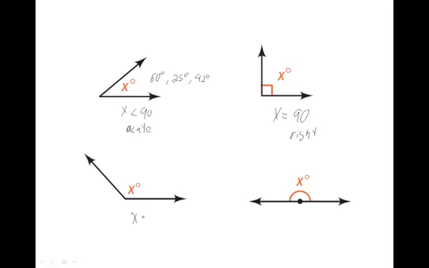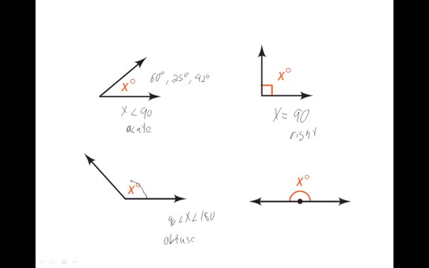If x is greater than 90 but also less than 180, it'd be better to write it like this: it's less than 180, but bigger than 90. So in between 90 and 180, we would call that obtuse. Now, in case you're wondering, why do I have the qualification that it has to be less than 180?